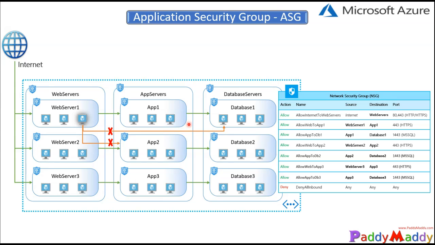This is a more complex design but easy to understand. You do have the web servers and also application servers and database servers. Once you have grouped it, the first step is to group all the required virtual machines into one of the ASG groups. In this case it's the web servers.